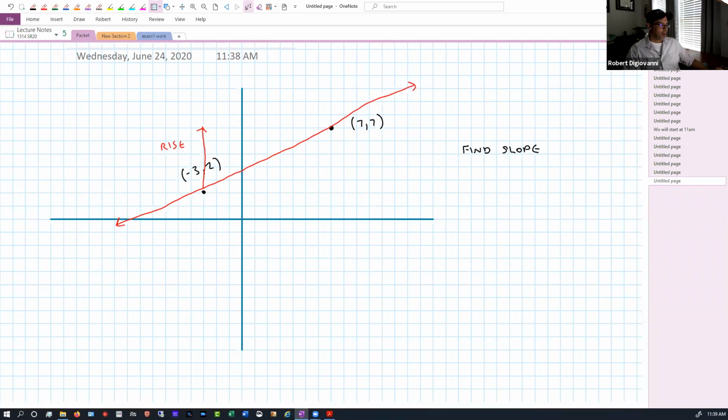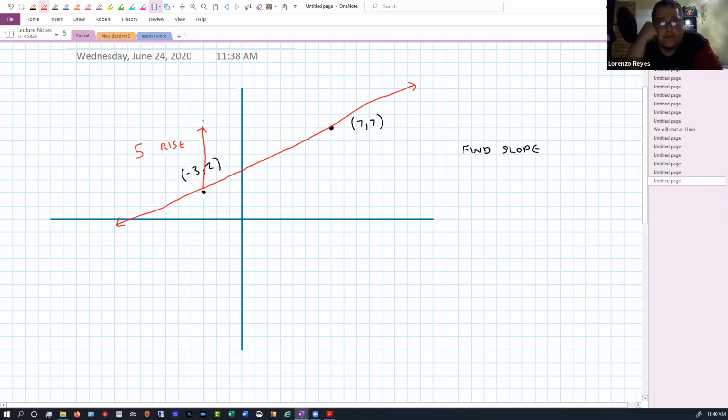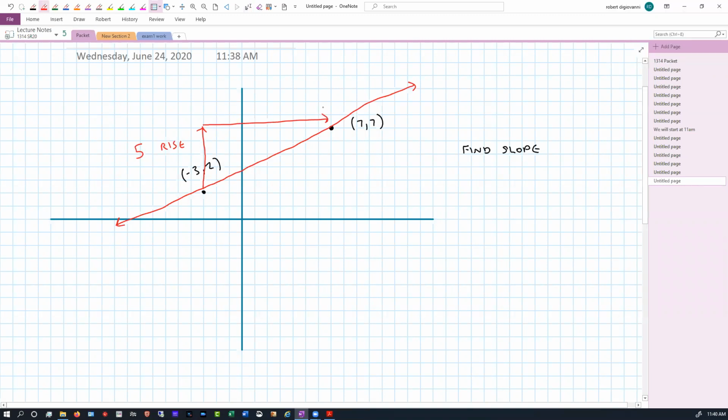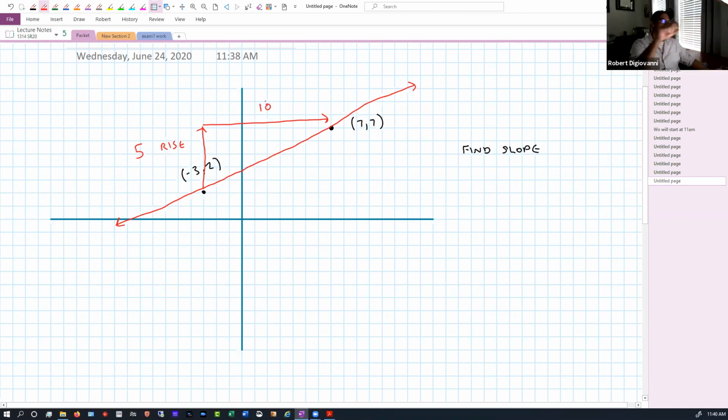Can you tell me what that rise was? 5. You can count it out, but it's 5. Our rise was 5, and then what was our run? What was the distance we went over? It was 10. Okay, so you could get that just by counting, all right?